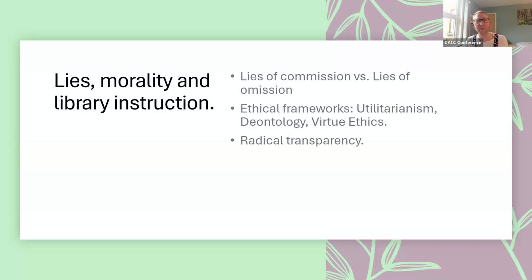And finally, I'd suggest that we can look at our teaching through the lens of radical transparency. So this is the idea that we should be radically open and honest in our decision making, in our communications, and in our content. This is something that I adopted quite a lot in my teaching, which is, if we're teaching something which we know to be simplified to the point of veering into untruth, we can say so and we can explain why we're doing that.